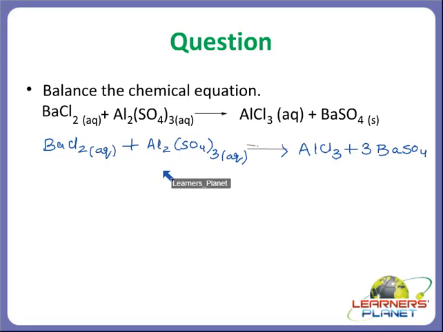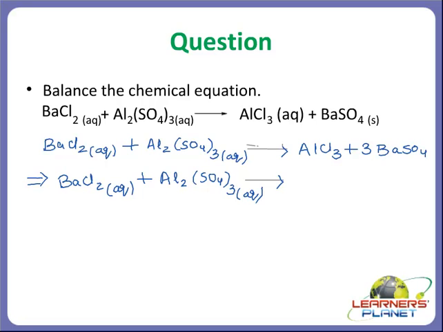How many aluminium are there on LHS? 2. What about RHS? It's 1. So what I can do is, I can put 2 that side. So our next would be BaCl2 aqueous plus Al2(SO4) whole thrice aqueous, and it will give you what?